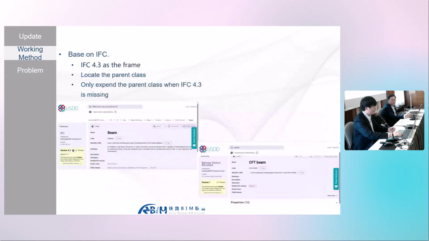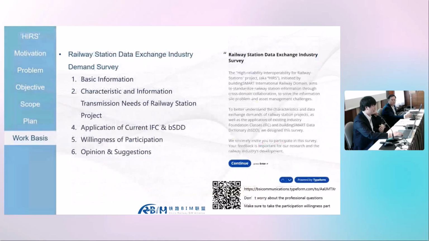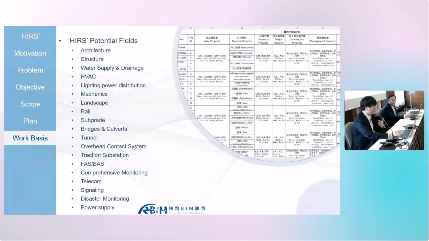Okay, the question will be about the different majors. I was asked what the classification controversy is, because in China we define those majors in detail. For example, we have bridges and culverts, and we have structure. Those two majors, maybe worldwide, are all included in structure.